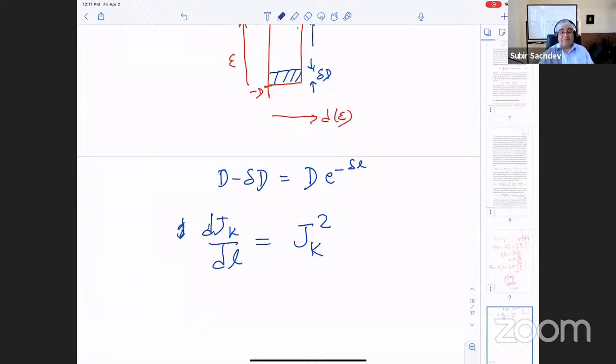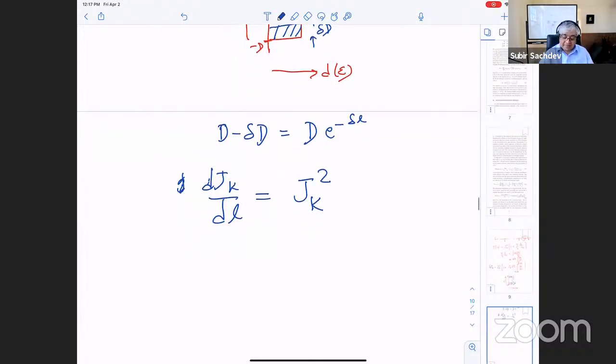So you get a differential equation which tells you how the Kondo coupling flows as you change the bandwidth. And this is a very simple equation to integrate.